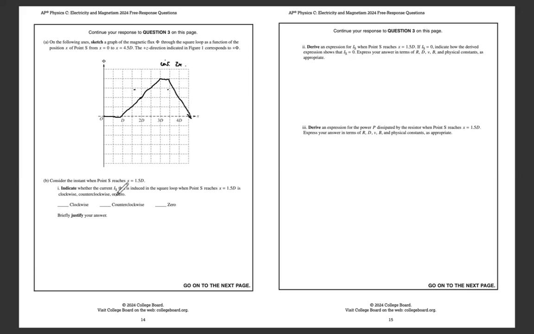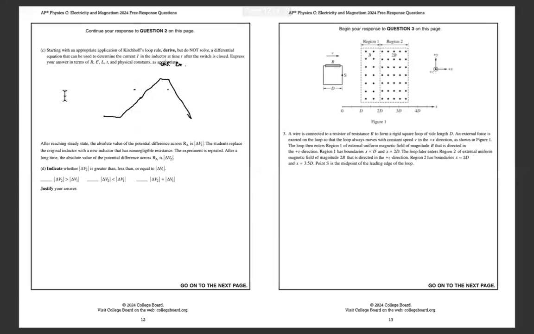Since you're changing the field from B to 2B gradually, just like you changed it from 0 to B gradually, and flux is proportional to field, it should all just increase at a steady rate from D to 3D then.